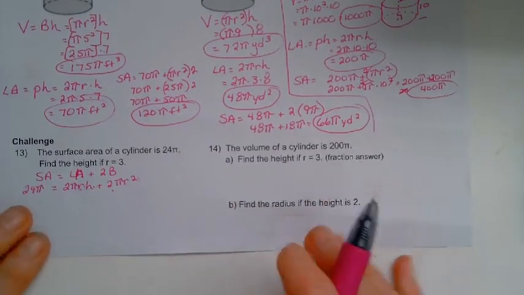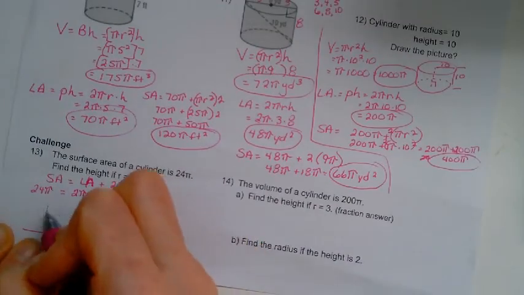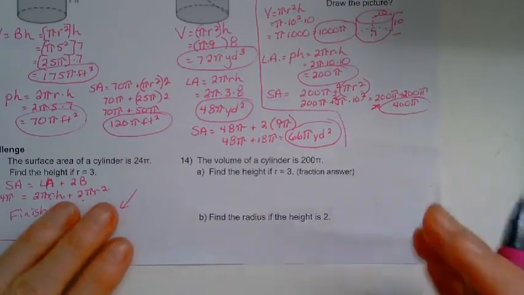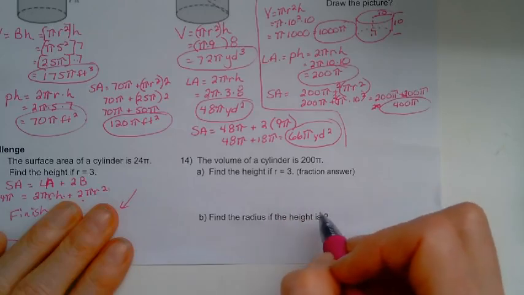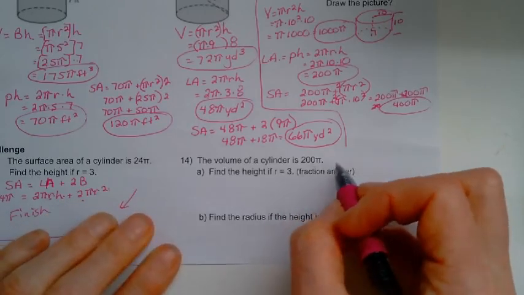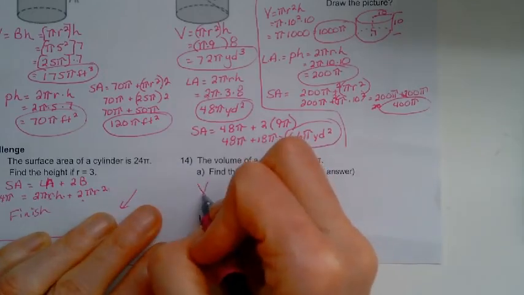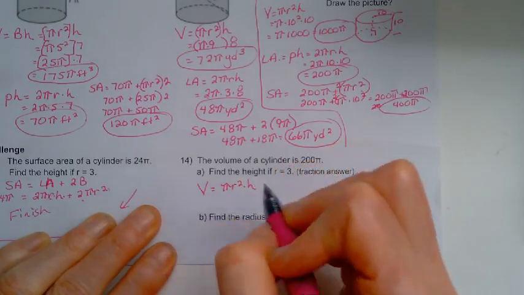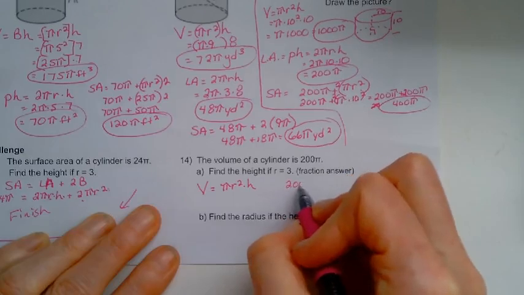Okay, number 14. The volume of a cylinder is 200 pi. Find the height if r equals 3. Okay, so the volume of the cylinder is 200 pi. So volume equals pi r squared times h. So 200 pi is our volume, that's what we put in for that, equals pi, our radius is 3, and then we put h.